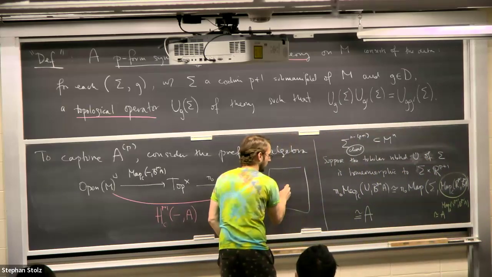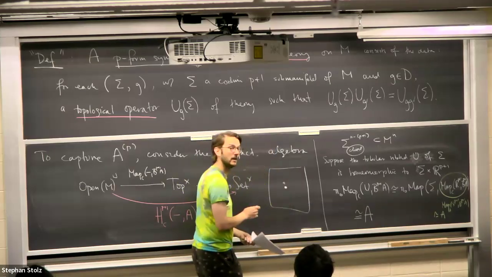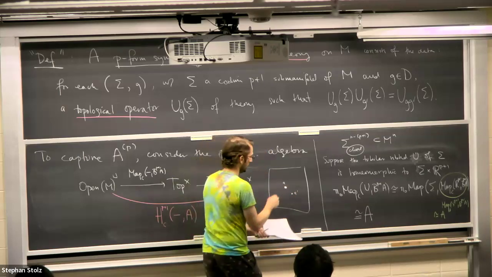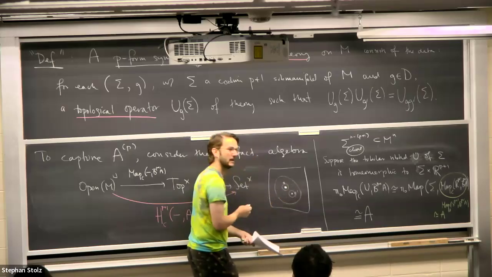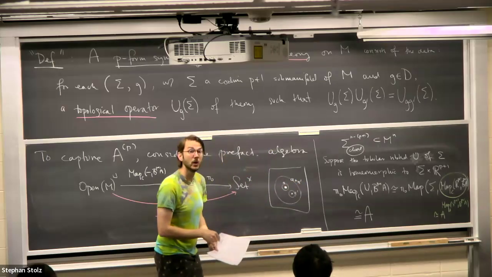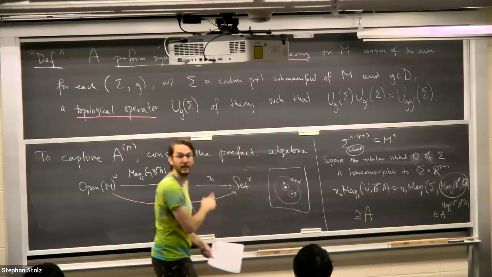In this case, sigma is a point. I label it by some element little a. I displace it a little bit over here. I put a prime. So they're really living in some little disks. And then I can include in a slightly bigger disk, and the output is a plus a prime. It has to be abelian because you can move this disk around. So the Eckmann-Hilton argument is why.